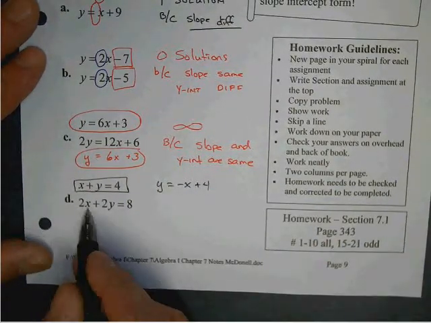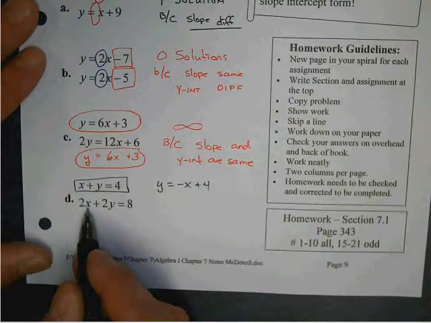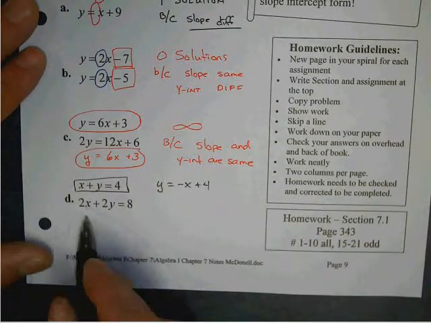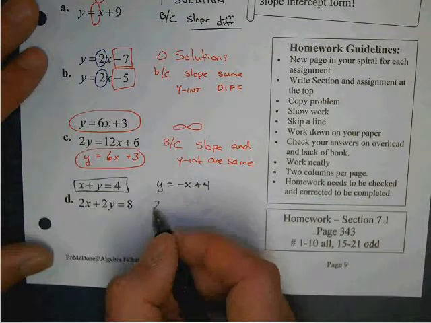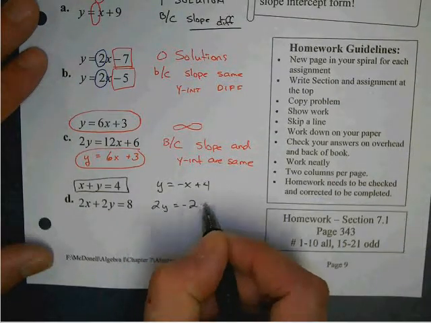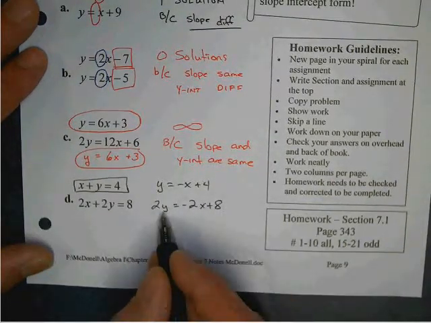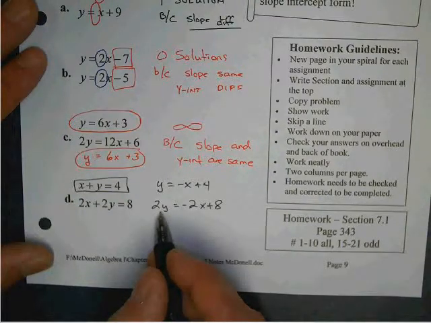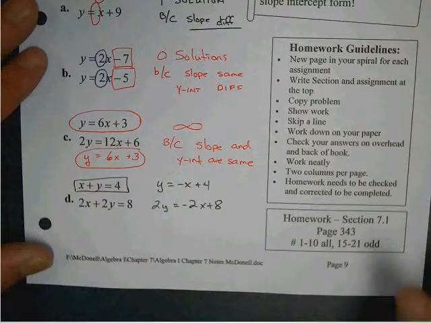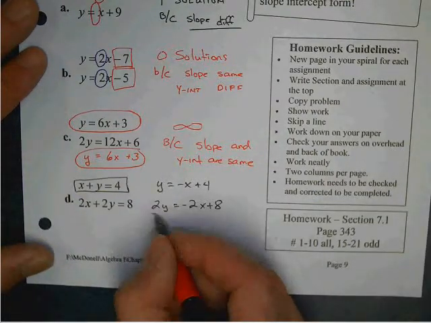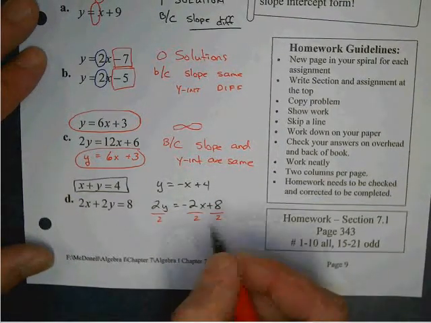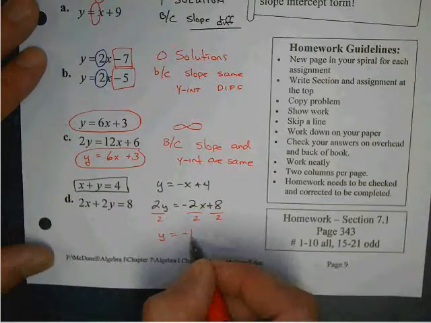What about this 2x? When that moves over to the other side, what does it become? It becomes negative 2x. How do I get rid of this 2 that's attached to the front of the y? Divide by it. So I'll write that in red. Divide by 2. Y equals negative 1x plus 4.